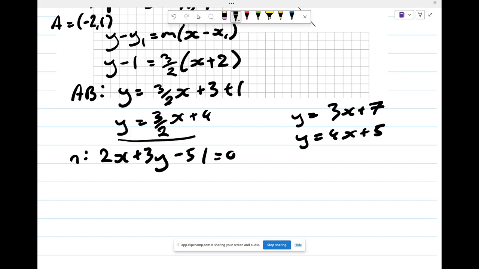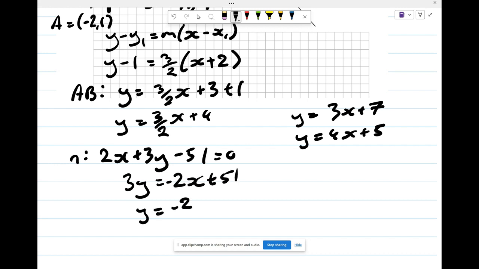Alternatively, because we have the y here, you could sub all of this into our y, and it would work out the same way, exact same solutions, but I just think this way is easier. So in our equation for N, let's get y on its own. y equals minus 2x plus 51, and y is equal to minus 2 over 3x plus 51 over 3.